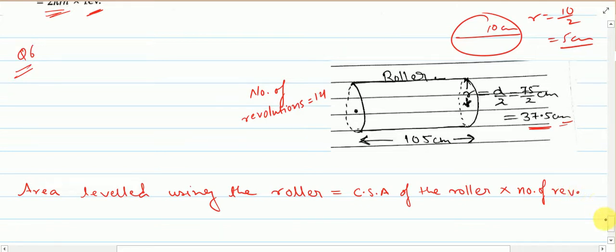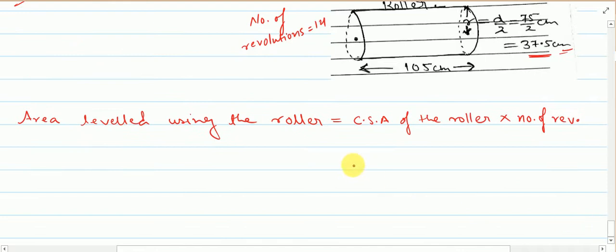Okay, in short I am writing rev. So curved surface area of a roller will be 2 pi RH and number of revolution over here 14.